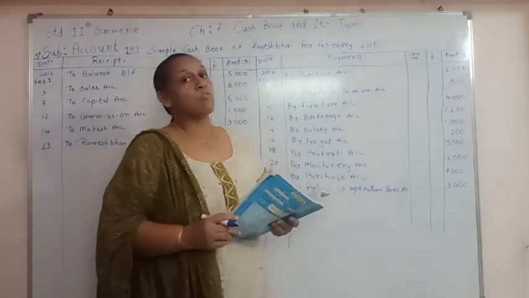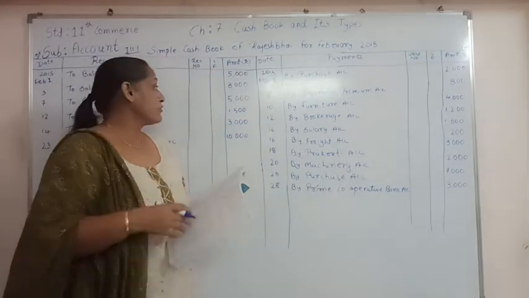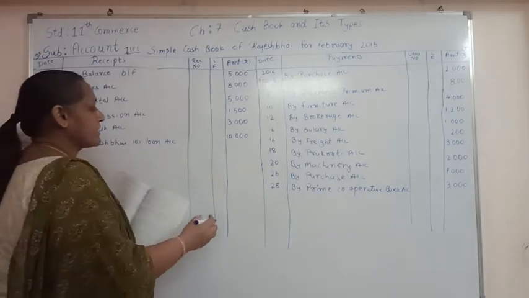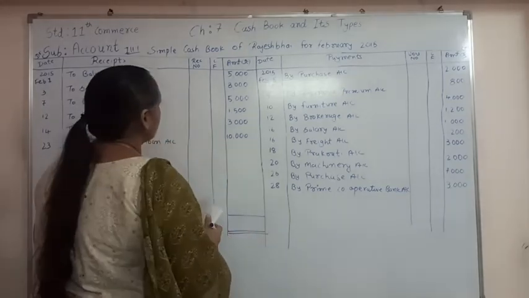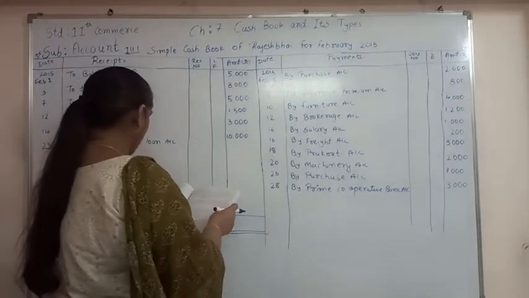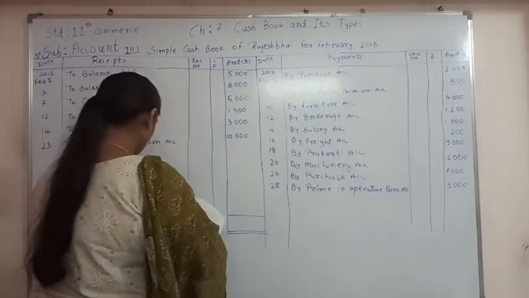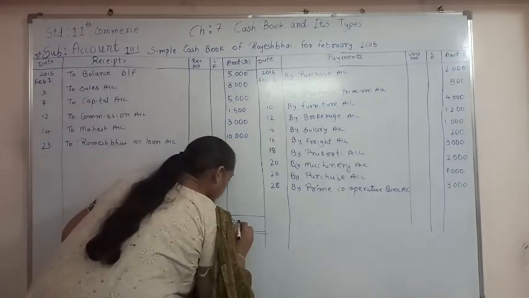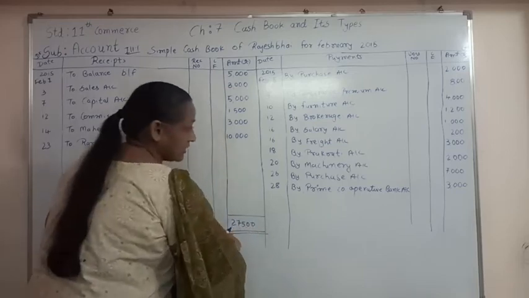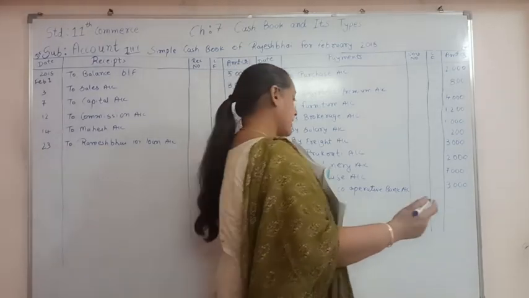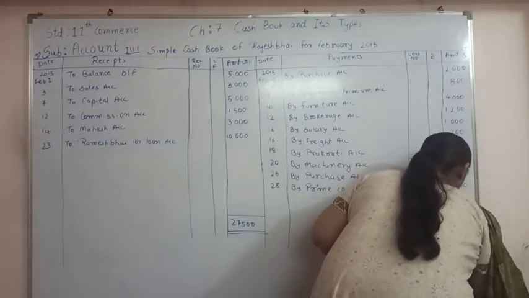So here all our transactions are finished. Now we have to find out the balance of the cash account. For that, we have to total the debit side. The total of the debit side is 5,000, 3,000, 5,000, 1,500, 3,000 and 10,000, so that will be 27,500. That total we take to the credit side, that will be 27,500.